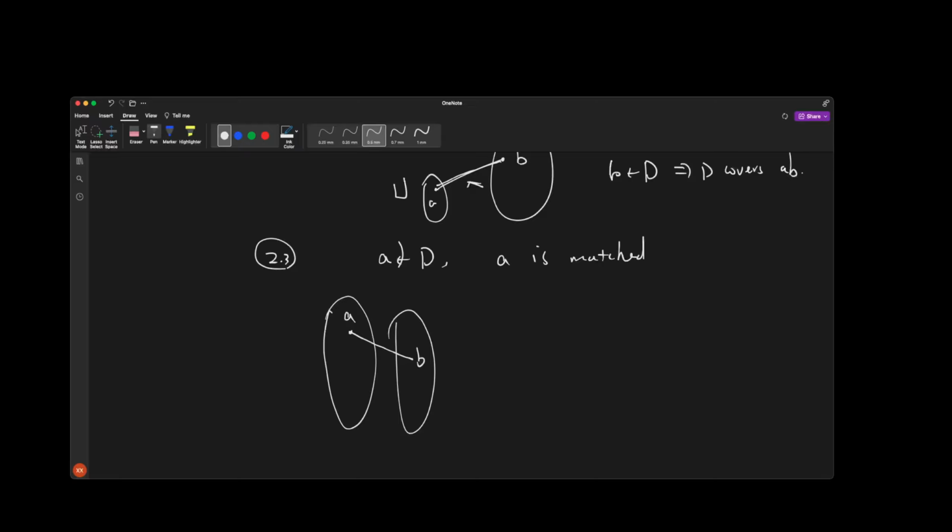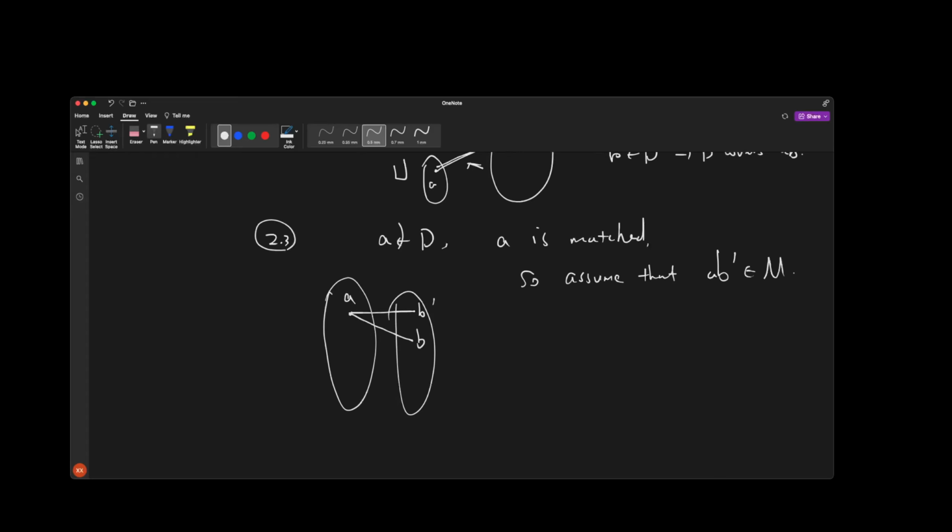Since A is matched, we assume that AB prime is one of the edges in our matching. So this is B prime, AB prime. Okay, we have this picture. So we know that this edge is in M, and this is not in M.